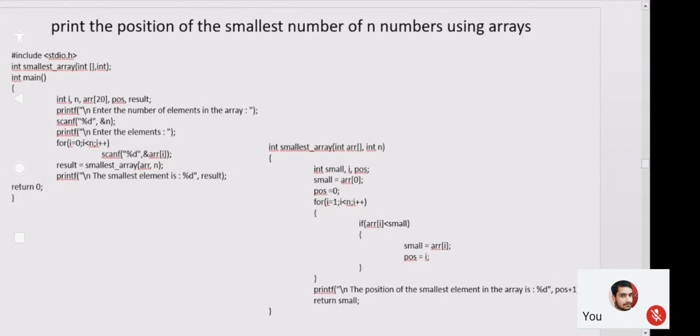ARR means what? Suppose this is your array that contains some elements, and the name of the array is ARR. So this is ARR[0], ARR[1], ARR[2], 3, 4, 5, 6 and 7. This is the index. So ARR basically gives the base address of the array. So what is base address? Let's assume this is 1000, obviously it's an integer array, so it will be 1002, 1004, 1006 and so on.